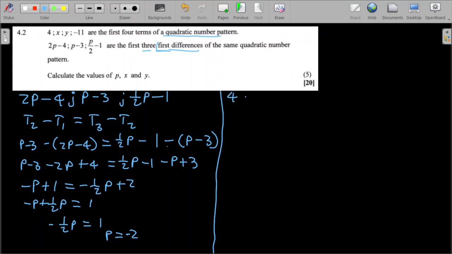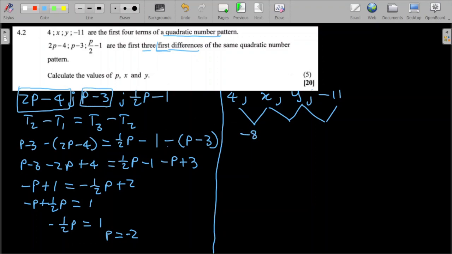So since the pattern is 4, x, y and negative 11, now substituting the value of p here to find the values. Since it's 2p minus 4, substituting the value of p gives 2 into negative 2 and then minus 4. Sorry, it's negative 2, not positive 2. And then it's negative 8. So this one is going to be negative 8.